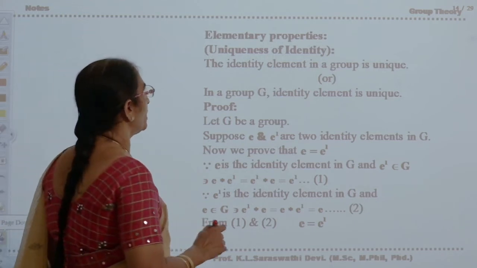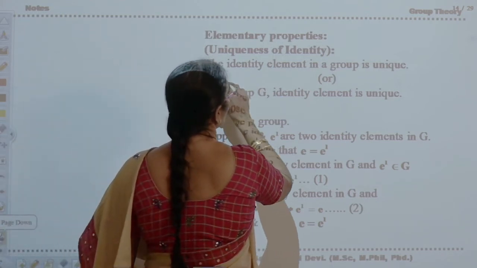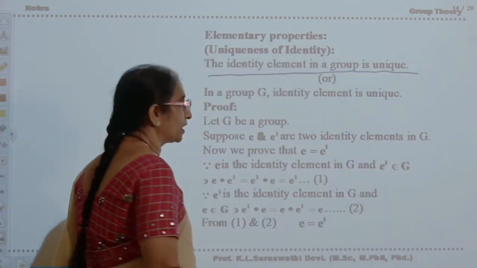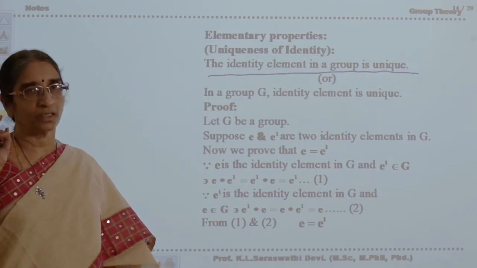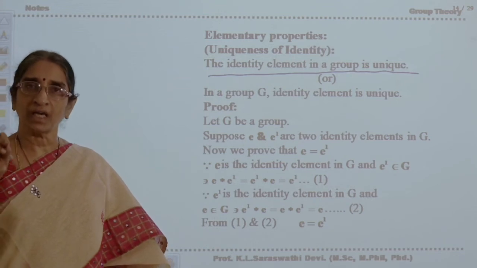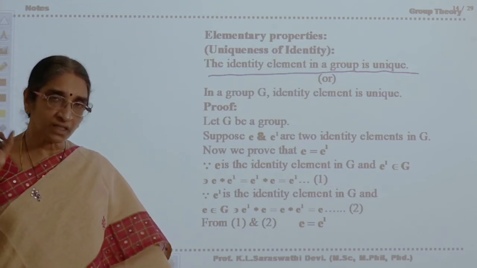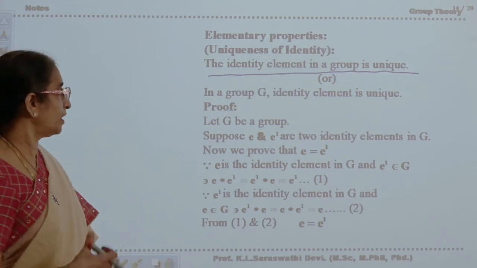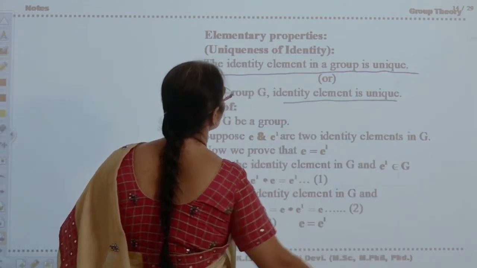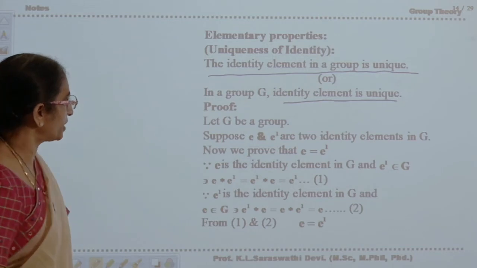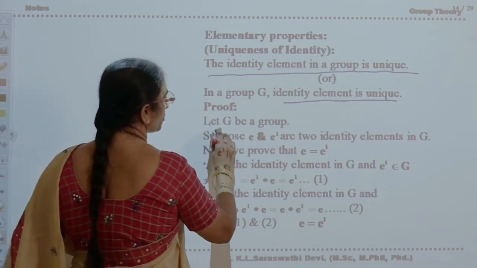The first one is: the identity element in a group is unique. What did you say? Every group should possess an identity element. If it has identity elements, you have to say it is unique. Now see how it is. Let G be a group.